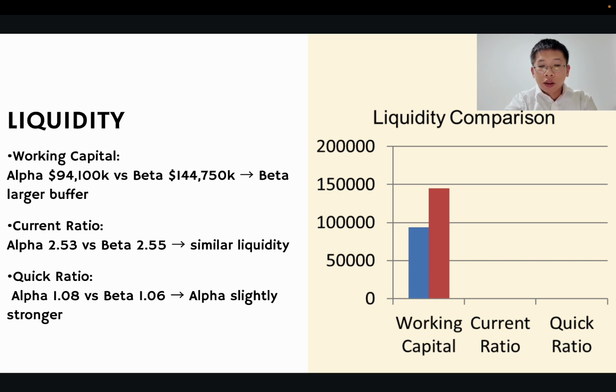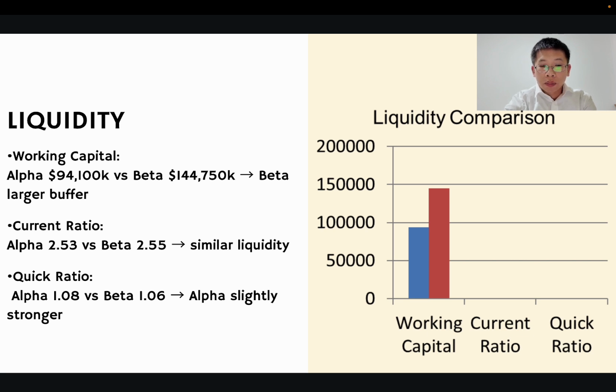That means each company has more than twice the current assets compared to its short-term liabilities, which is a comfortable position. Looking more closely, Alpha's quick ratio is slightly stronger at 1.08 compared to Beta's 1.06. This suggests Alpha has a marginal edge in the quality of its more liquid assets.